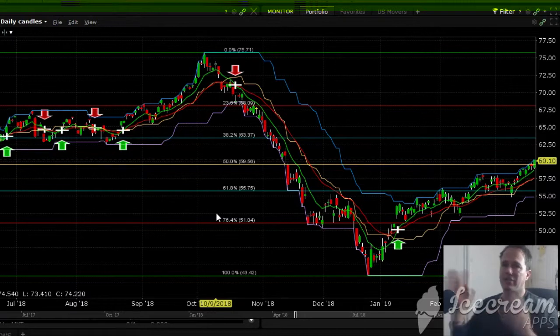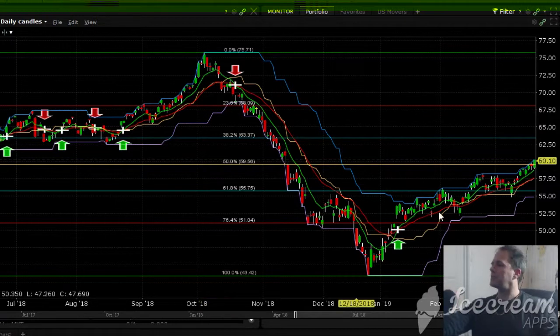So as far as this trade setup is concerned, what I'm looking for is a move back down to this area right here. We're going to be looking at right around this 57.90 area. I believe we're going to back off of this 50 fib, come down and retest some of these areas here.